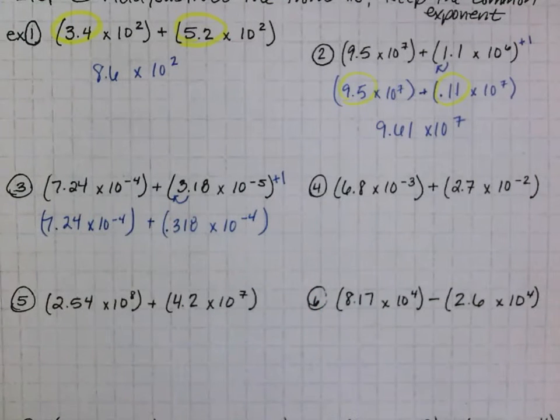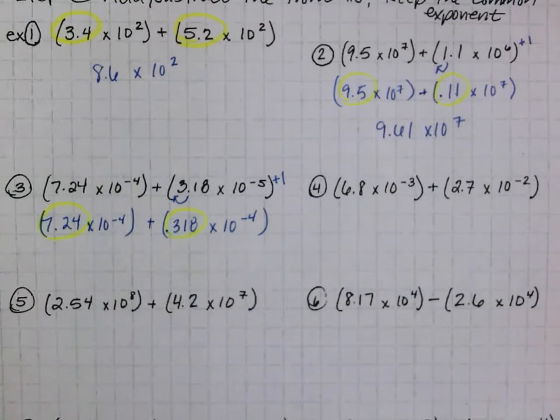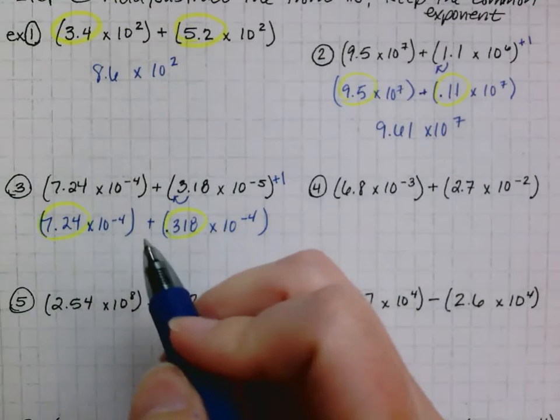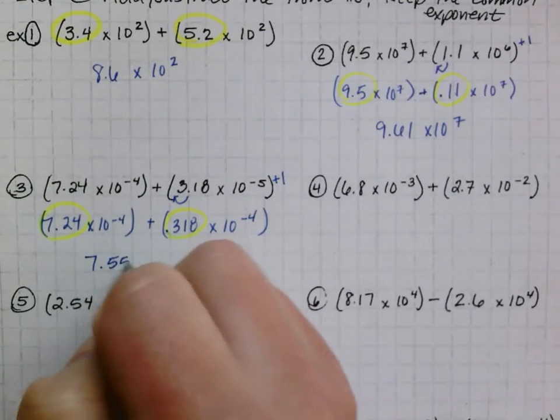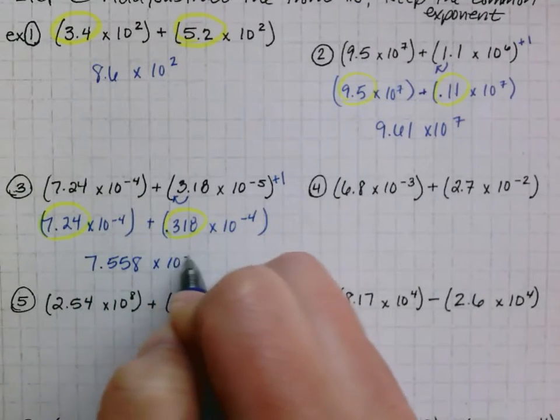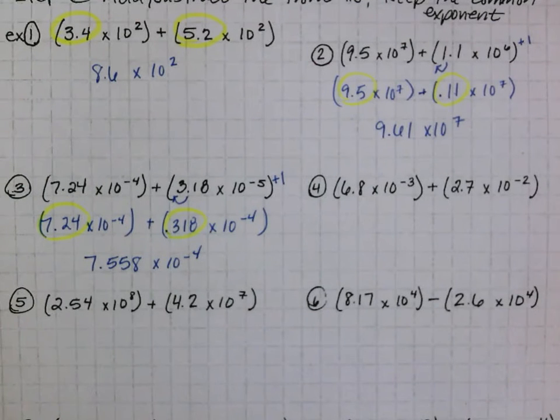So now I need to add the front numbers. And then my power will stay the same. So when we add these two together, we'll get 7.558 times 10 to the -4th. This is already between 1 and 10, so it's already in scientific notation form as its own.